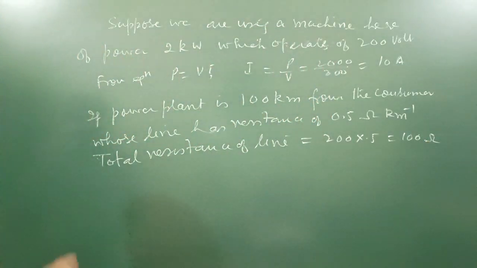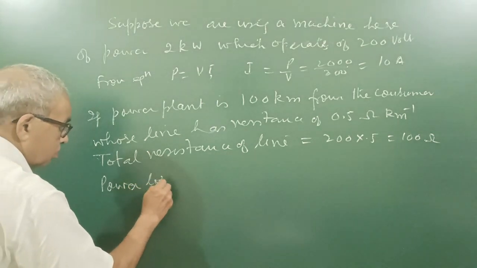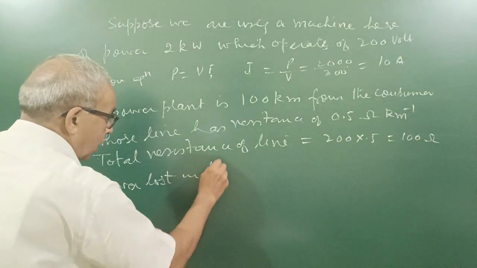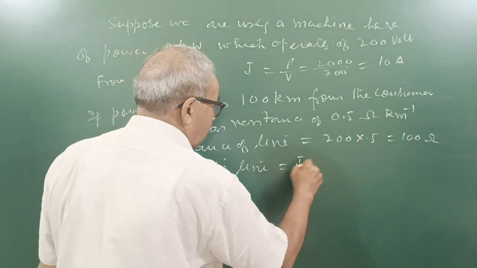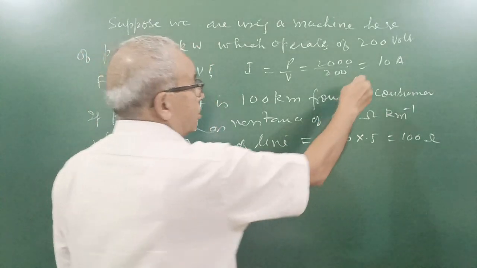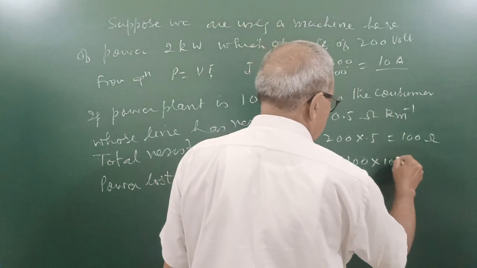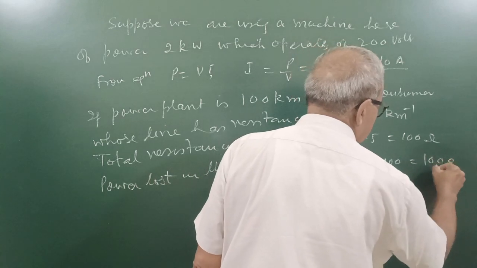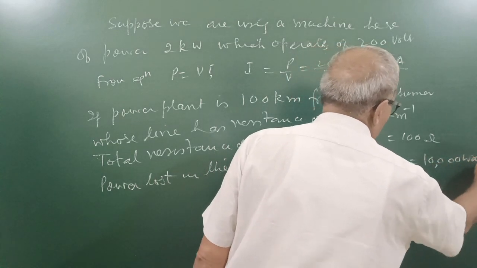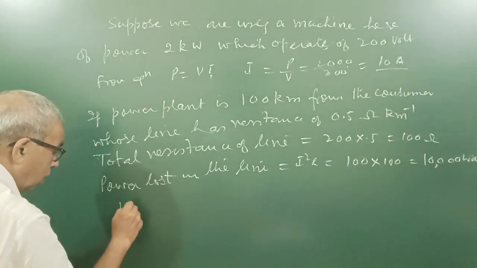So power lost in the line is I square R. I is 10, 10 square is 100, 100 into 100 means 10,000 watt or 10 kilowatt.